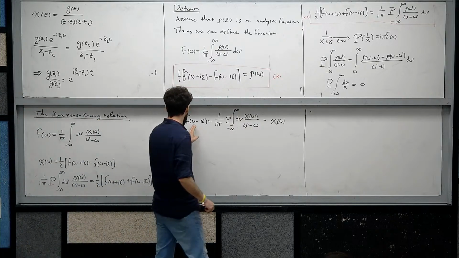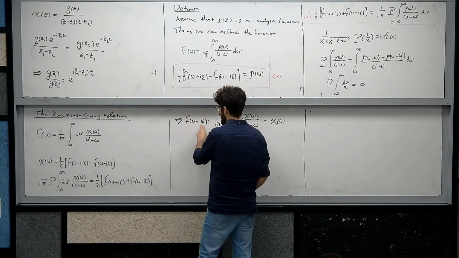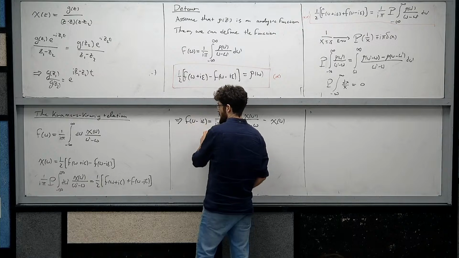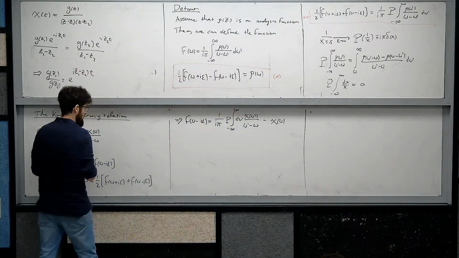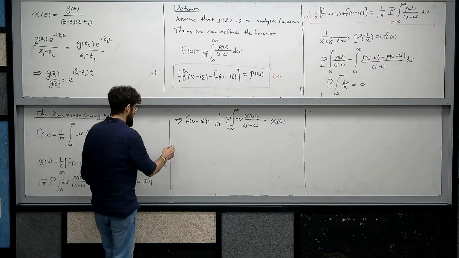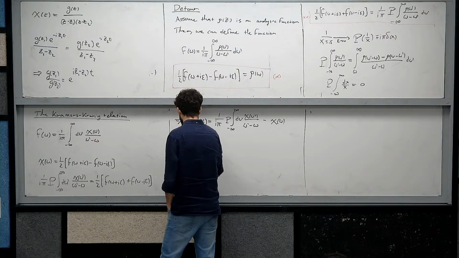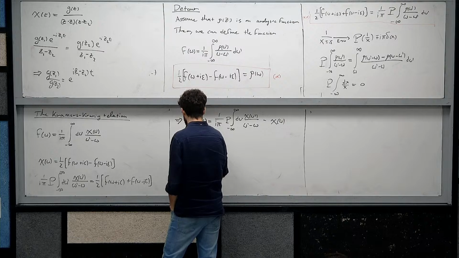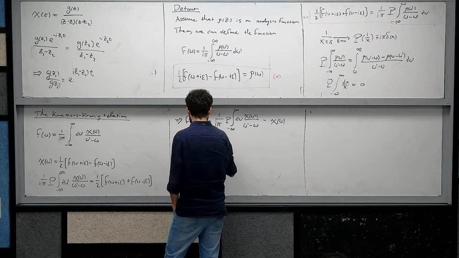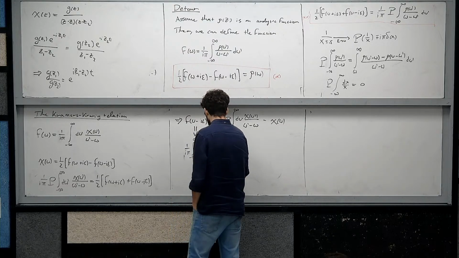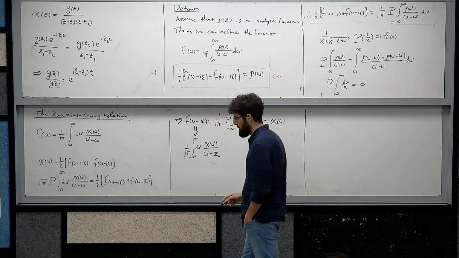The point is this: if I plug this, right? This guy f is also like an integral, 1 over i pi, an integral from minus infinity to infinity, d omega prime, chi of omega prime over omega prime minus, let me call it z naught, okay?